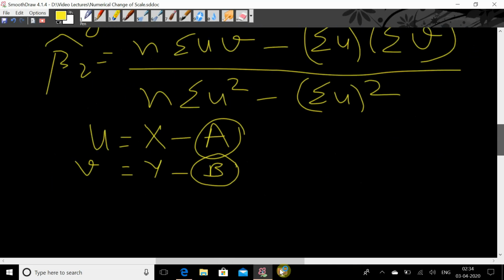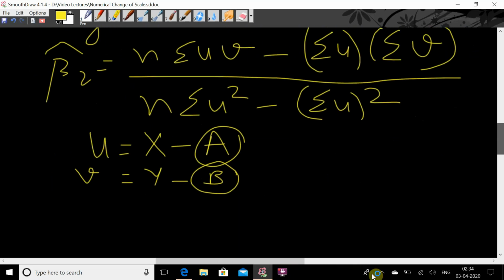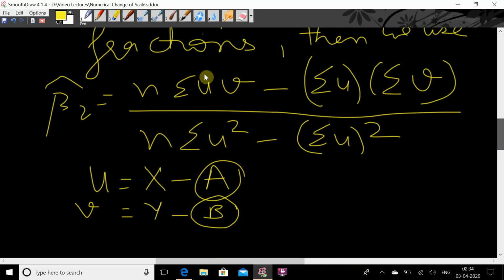I hope these formulas are clear. Now I'll be giving one assignment which will involve the use of these formulas to find the regression coefficients.